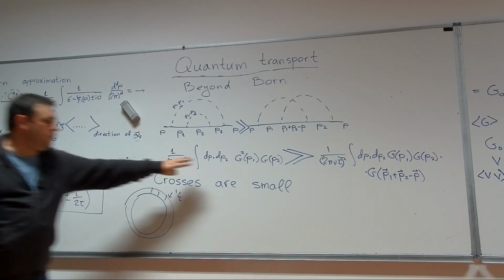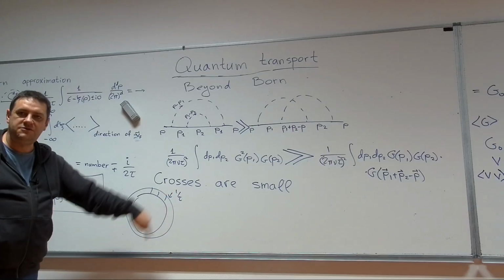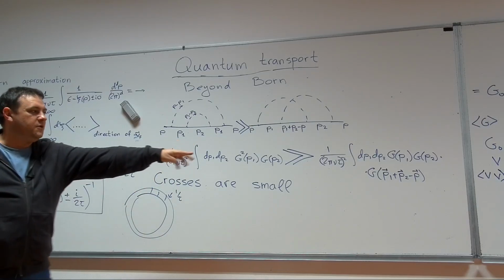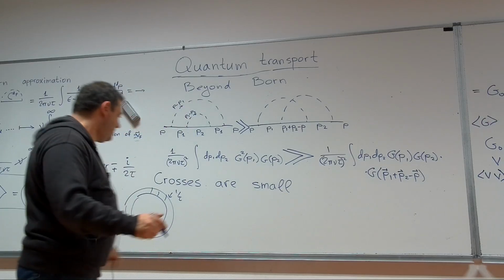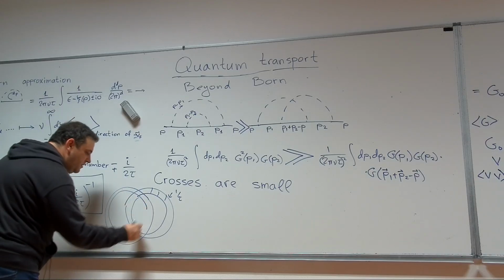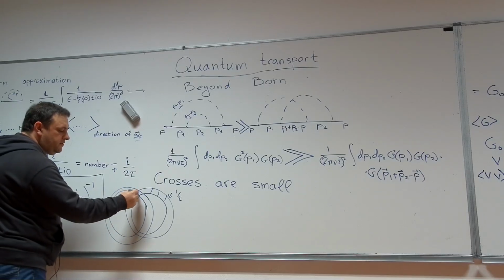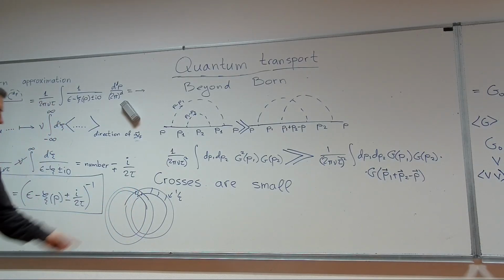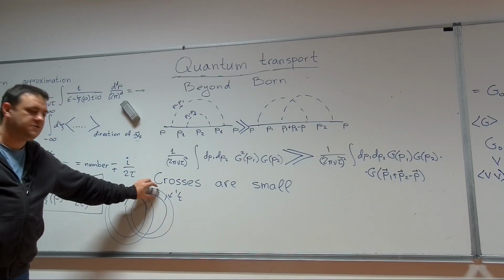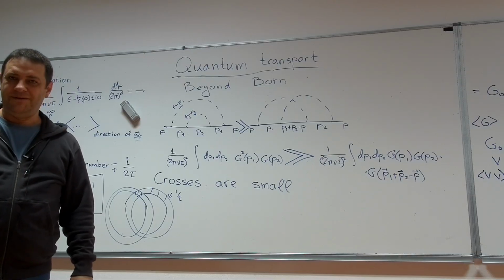When you overlap three Green functions like this, you can be inside this circle for all three. When you overlap functions like this, you have one circle, then the second one of the same width, and then you should compare the area of this circle to the area of this intersection, and this is your parameter, which is the length of the Fermi surface times the width, which is E Fermi tau. Is it clear?